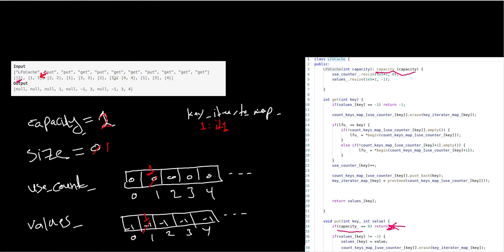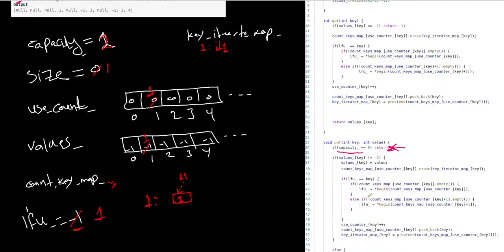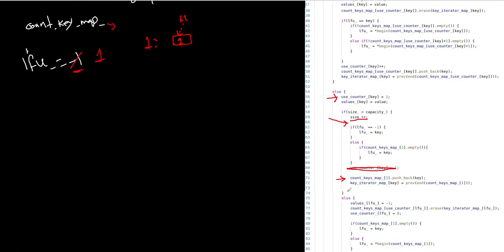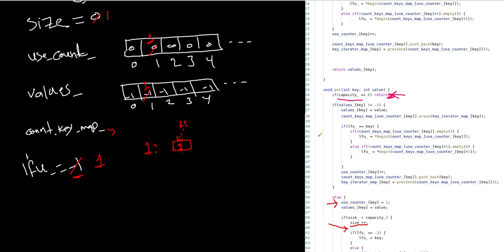Next we have put 2 2. Now again, is the value of 2 not equal -1? Wrong, so we go to the else. Now use counter of the key equals 1. So this means that this is a new key.